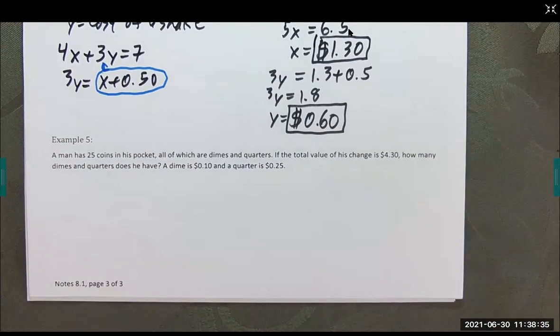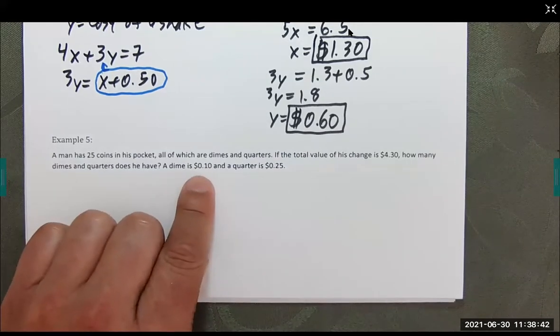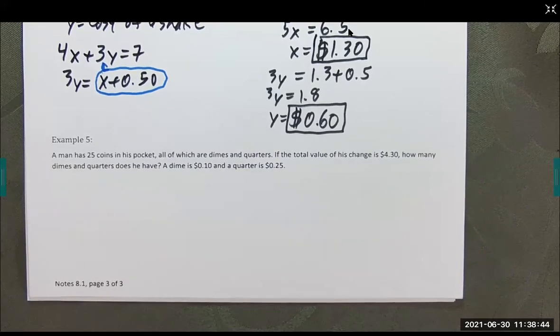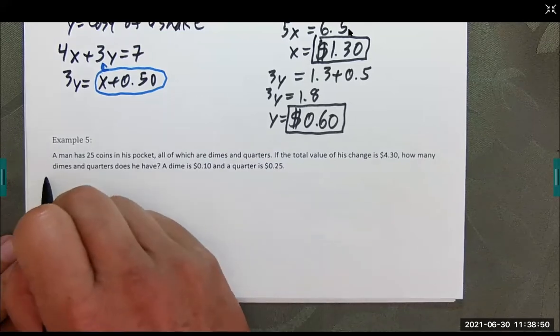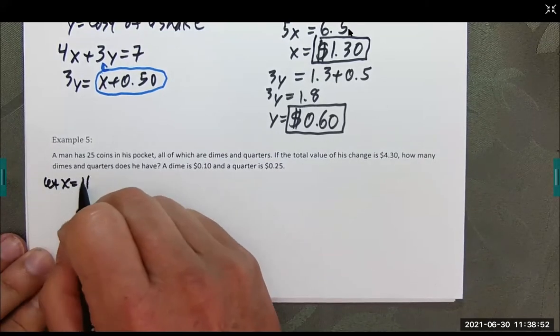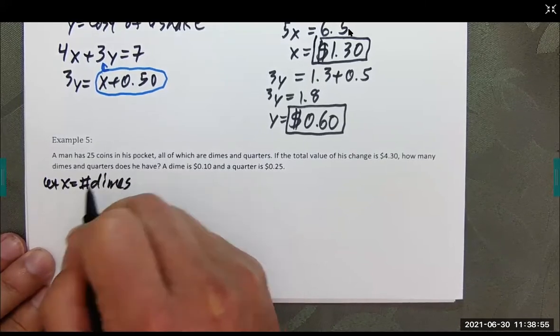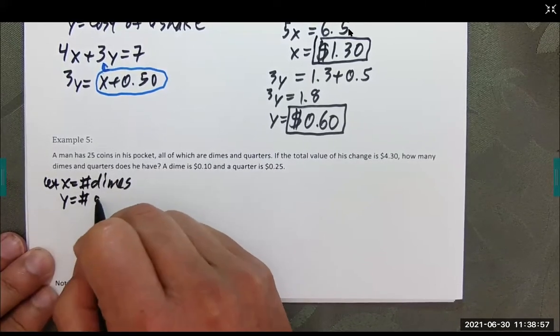All right, last one. A man has 25 coins in his pocket, all of which are dimes and quarters. And if you're not familiar, dimes are 10 cents, quarters are 25 cents. If the total value of his change is $4.30, how many dimes and quarters does he have? Let's start here. Let x equal the number of dimes, y equal the number of quarters.